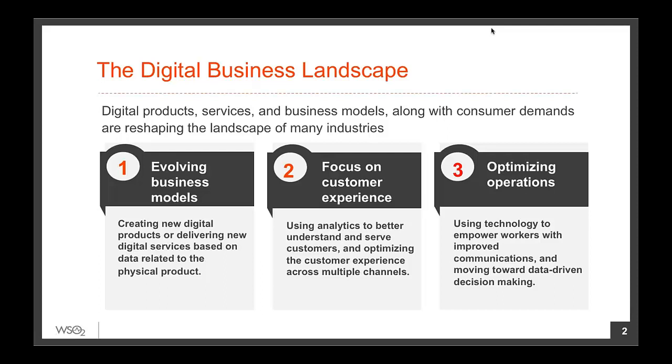If you've seen various WSO2 presentations, you might have seen this slide on the digital business landscape. It covers some of the aspects that are important in competing in the modern digital world. If you need to release digital products or digital services or transform your organization and achieve digital transformation, there are certain key characteristics that you need to focus on.